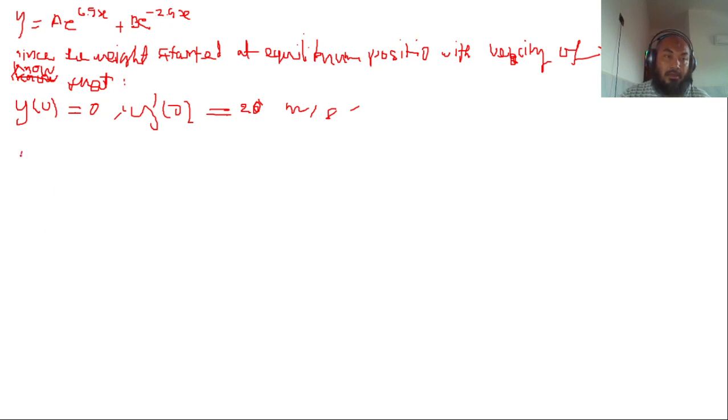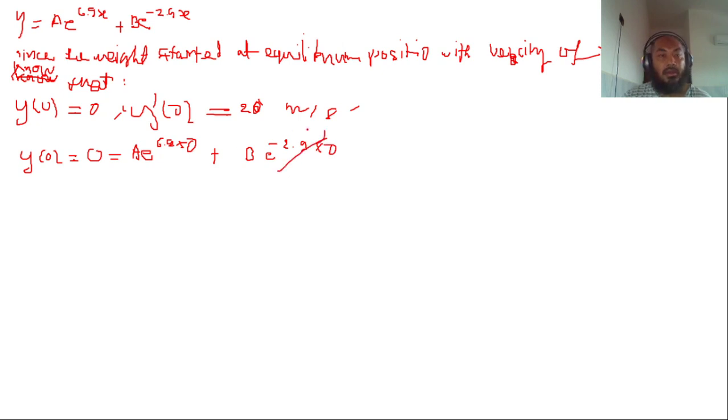Then we got y(0) equal to 0 is equal to a e^(6.9 multiplied with 0) plus b e^(minus 2.9 multiplied with 0).